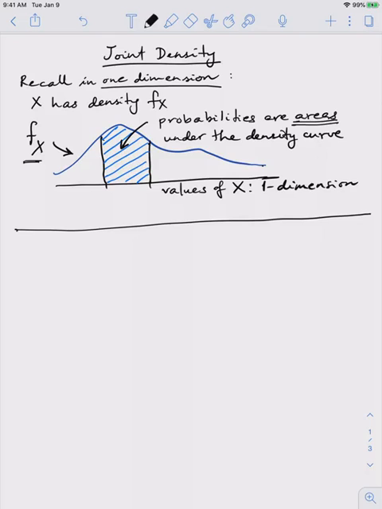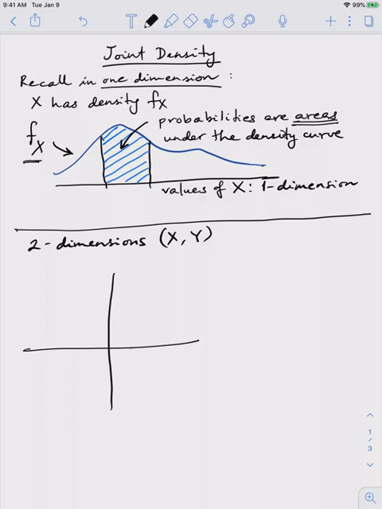When we lift up to two dimensions, however, and now you're looking at x and y, which is best to think of as a random point, xy, then the possible values are themselves the entire plane. And so your random point could be anywhere.